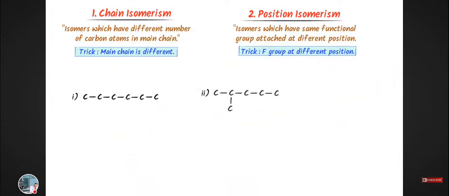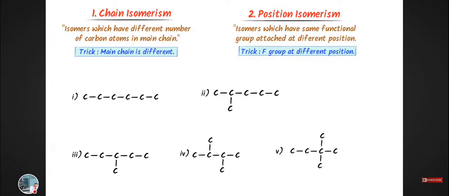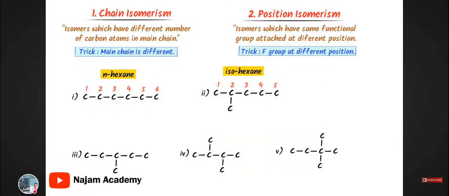Now consider these isomers of hexane. This is a straight chain of carbon atoms. There are 6 carbon atoms present. We call it n-hexane. Secondly, I write 1, 2, 3, 4, 5. The methyl group is present at the second carbon. We call it isohexane.